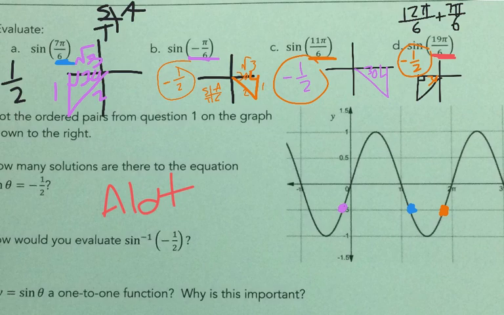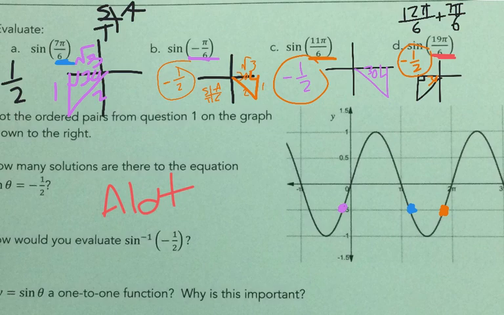Right? That's what this is right here. This is the inverse sine. So if inverse sine exists, how could we find the inverse if it wasn't one-to-one? Do you guys remember how we found the inverse of x squared? We did that in the fall. Finding inverses is a reflection over the line y equals x.